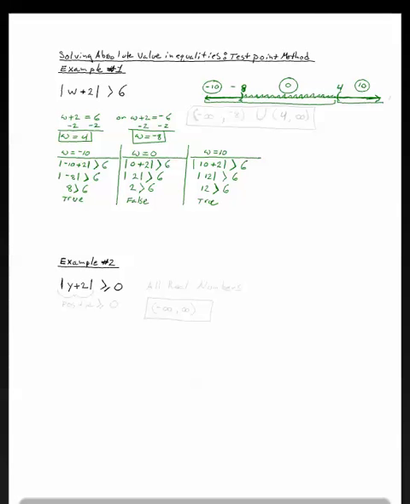Now, we want to include this whole thing. We want to exclude the middle, and then include this whole thing. So our first part of our answer is from negative 8 all the way down to negative infinity.